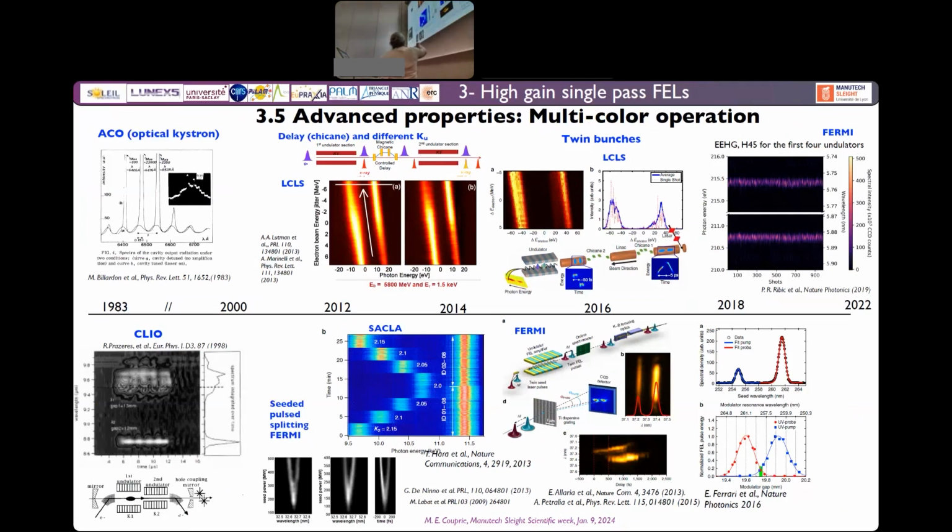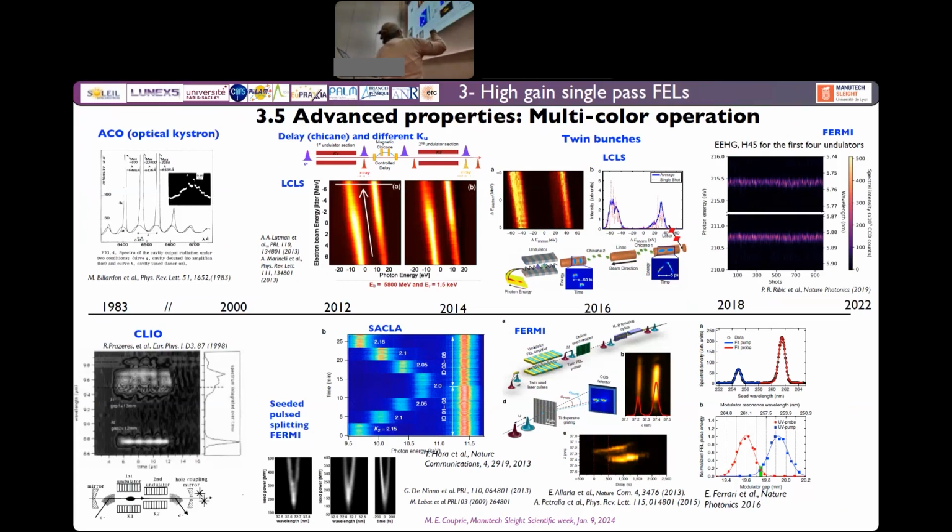And you see that since we have this energy exchange, then the FEL is searching some fresh electrons, which are not where the energy spread is not so much enhanced. So they go on the side of the bunch, and we have this splitting, which can be used to do a two-color FEL. So to control it better, the way is to chirp the seed, and then we can control better this pulse splitting, and it's what has been done at Fermi.